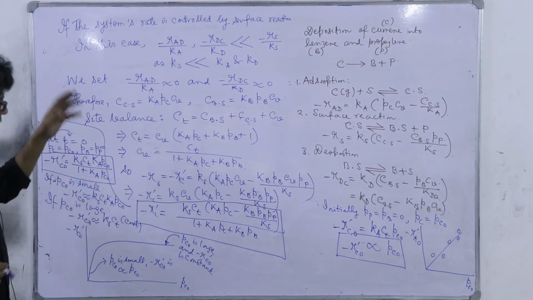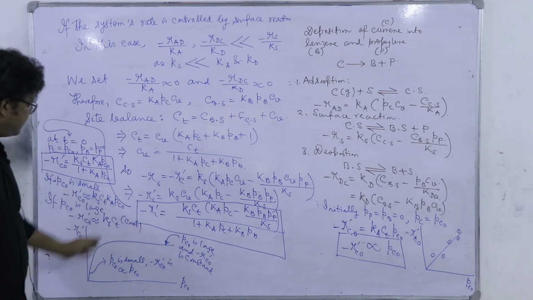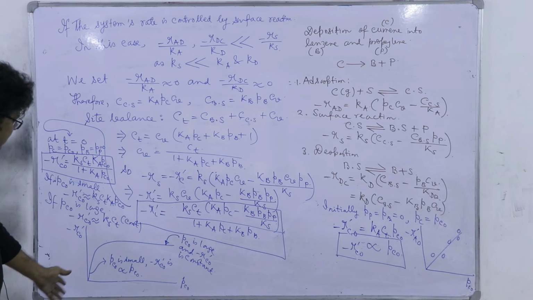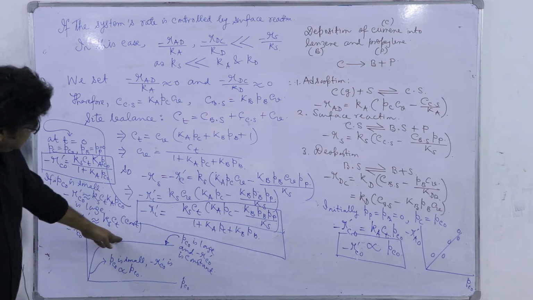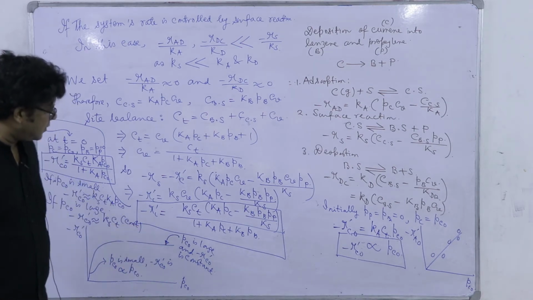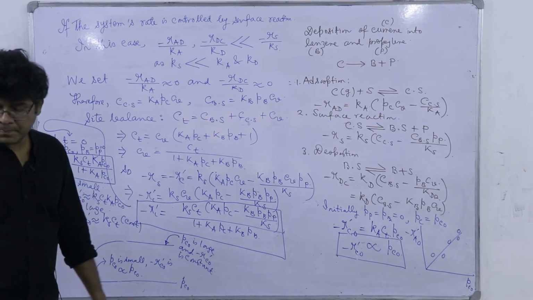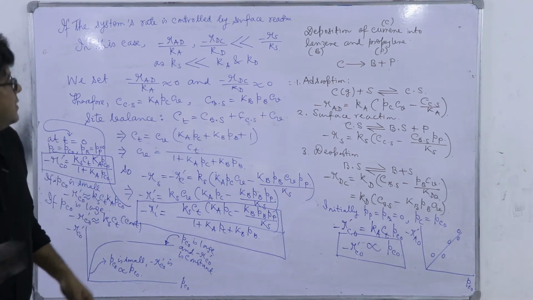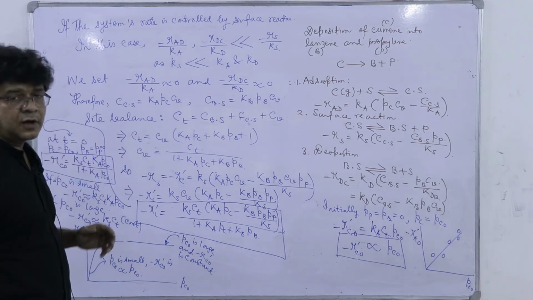Right. So, that is the situation if the system is reaction controlled. The initial rate will follow a kind of hyperbolic trend. So, it will linearly increase initially for low values of Pc0, and then flatten to some threshold value for larger values of Pc0. So, finally, we will think of if the system is controlled by desorption.